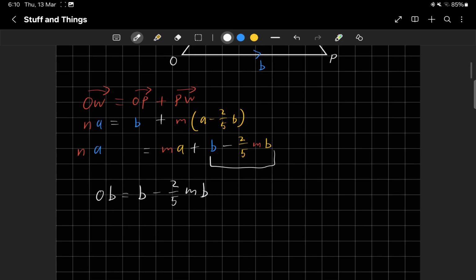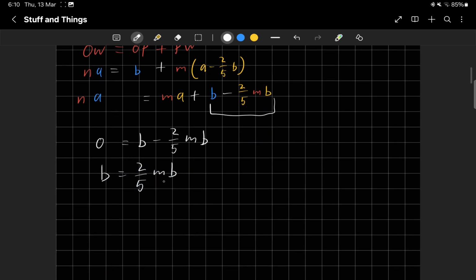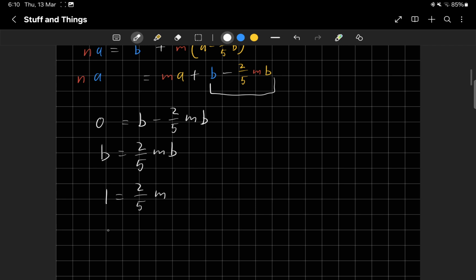Since this is equal to 0B, and 0B is just 0, we can say that B is equal to 2 over 5 MB. And again, the B's cancel each other out. So 1 equals 2 over 5 M. M is equal to 5 over 2.